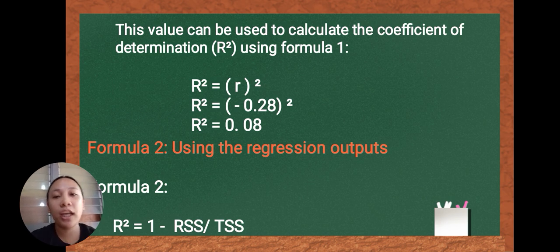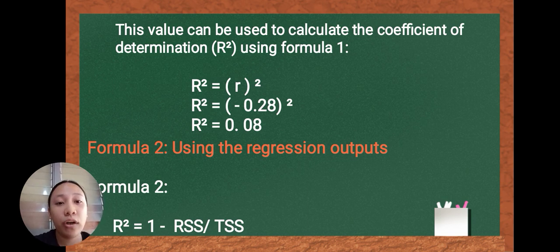This value can be used to calculate the coefficient of determination, R squared, using Formula 1. R squared is equal to r to the power of 2, which is negative 0.28 to the power of 2, which is equal to 0.08.